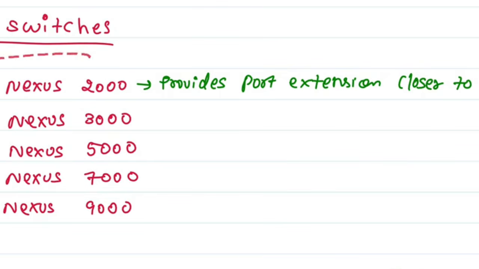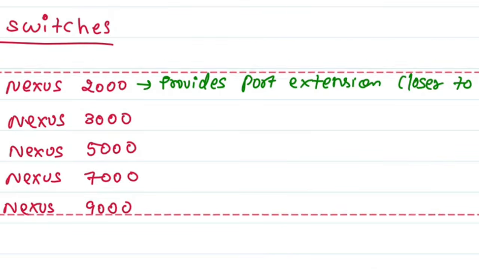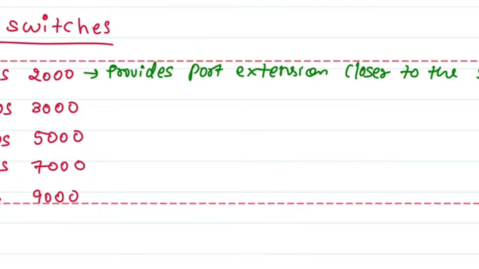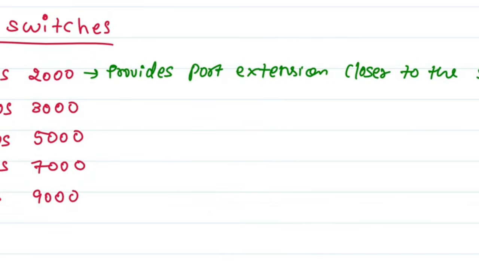Most of the time the Nexus 2000 series switches are used as an extension of the fabric, and there is a parent switch, serving servers without the full control plane. Without the full control plane. You will say, okay, what do you mean?